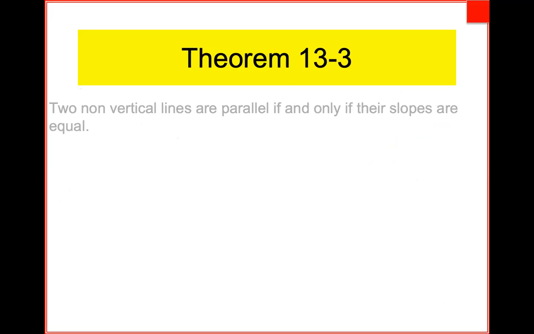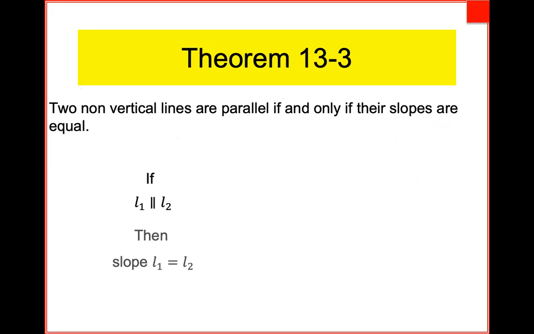And that's theorem 13.3, which basically says that if two lines are parallel, then their slopes are equal, and the opposite, the converse, that if two slopes are equal, then the lines are parallel. Now, to say it as an if and only if statement, we say two non-vertical lines are parallel if and only if their slopes are equal. Now, why does it have to be non-vertical?